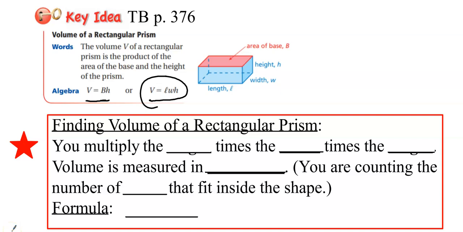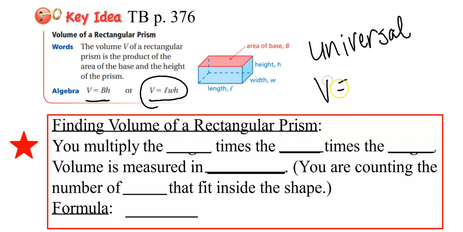And then the other formula that has capital B times the height, that formula is more of a universal. So I'm going to say universal means everywhere out there in the universe. If you use the formula of capital B times the height, it's going to work for other 3-dimensional figures.